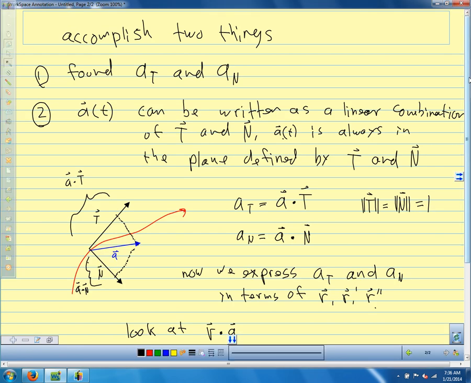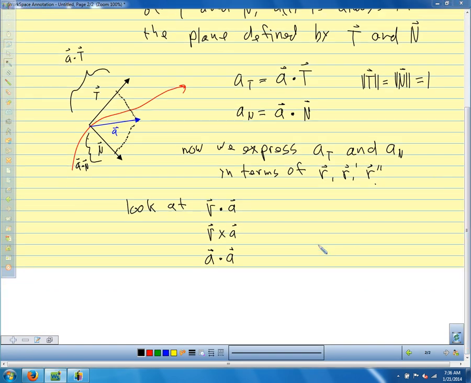I do all of these derivations on a separate video that I strongly suggest that you watch. It takes maybe 10 minutes or so. It's the video Calc 3, 2013, tangential and normal components of acceleration derivations.